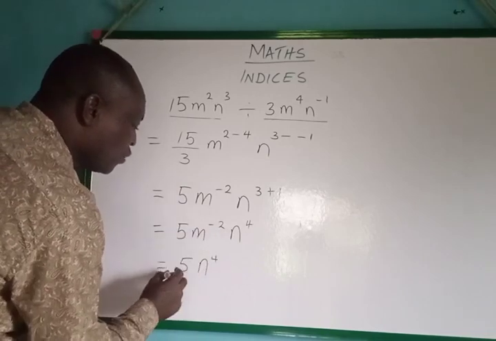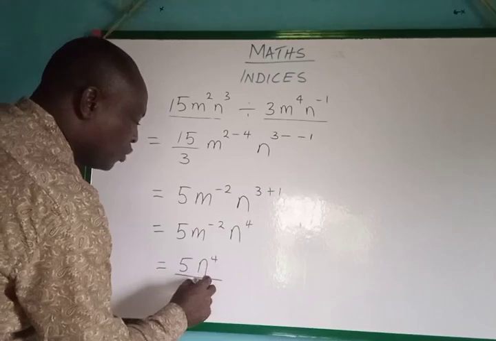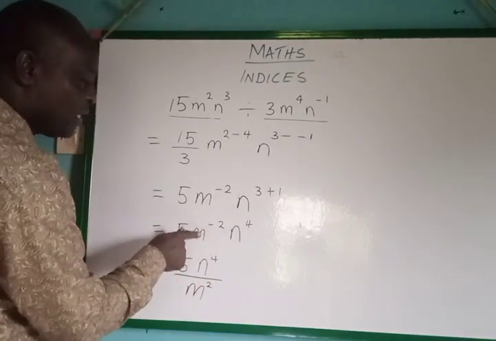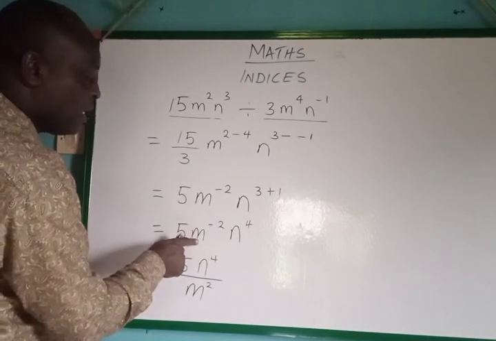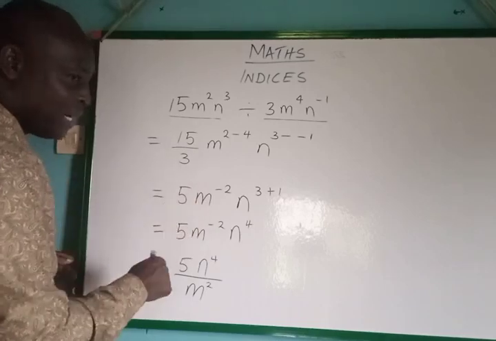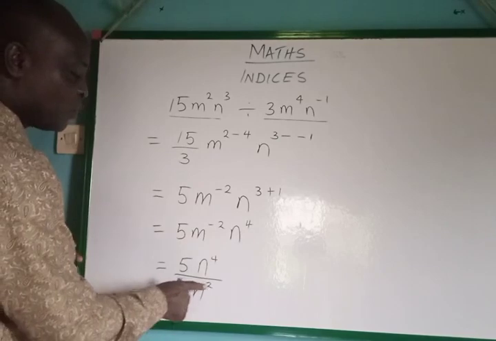Because this is minus, it will now go to the denominator. Because we said it is the reciprocal of m. Reciprocal of m is 1 over m raised to the power 2. So that is why you see that the m raised to the power 2 is going down.